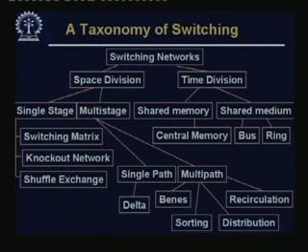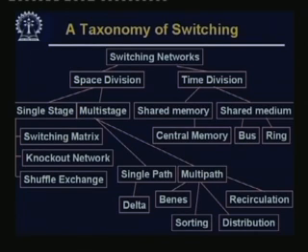Now, space division switches may be single stage or multi-stage. In single stage we have the switching matrix, then we have the knockout network and shuffle exchange networks. In multi-stage it may be single path or multi-path, like delta networks or Banyan networks, sorting networks, etc. In time division switches we have shared memory and shared medium.